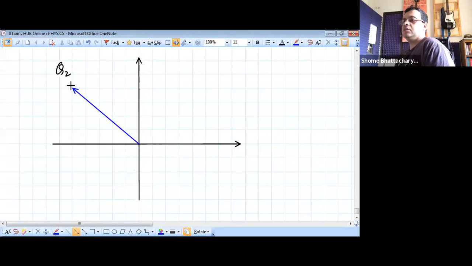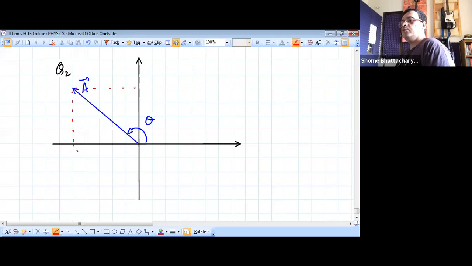So if a vector is in second quadrant like this, such that this angle is theta, okay, then its x component is a negative quantity. And its y component is a positive quantity.